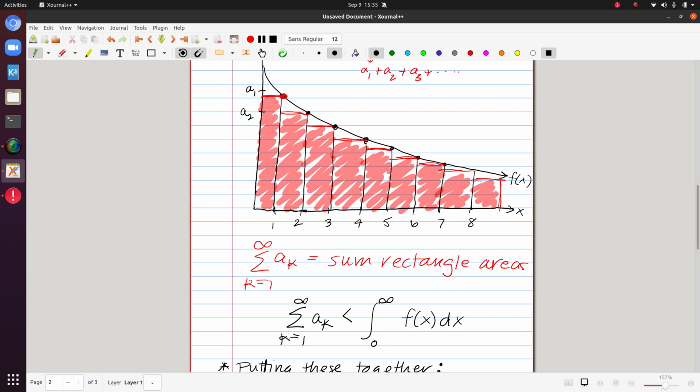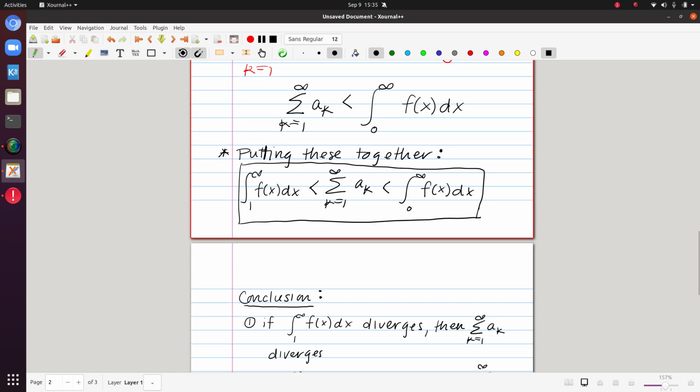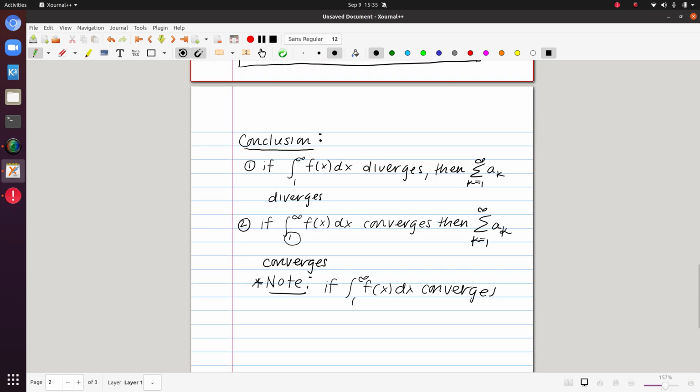If I knew that there was finite area underneath the function from 1 to infinity, of course, I'm missing this first term under there, a sub 1, but that would tell me that the sum of the rest of the terms is finite because, again, we see the area under the curve from 1 to infinity. That's greater than the sum from 2 to infinity. So knowing that this integral from 1 to infinity converges implies that the sum from 2 to infinity converges.